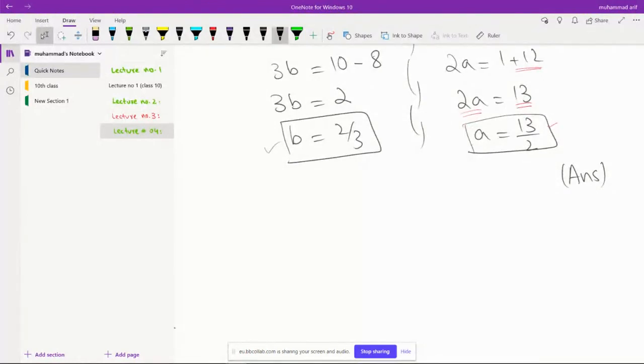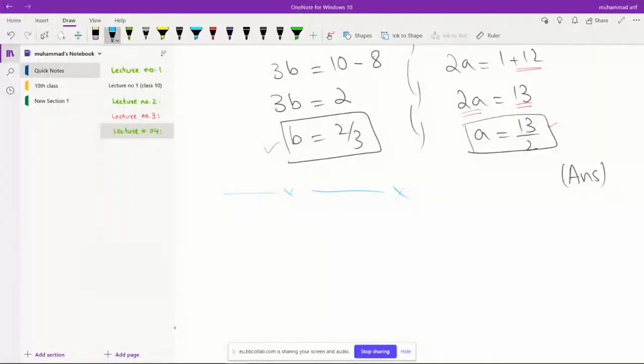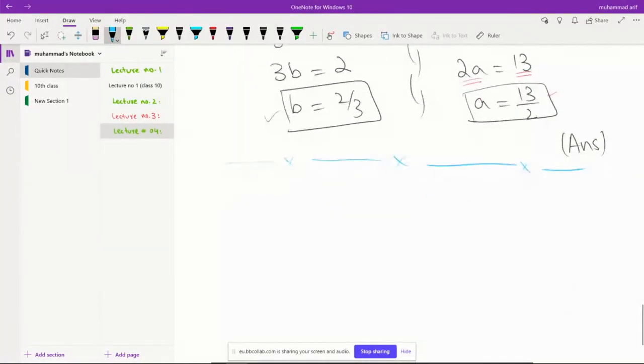Here we define some matrices. First definition is symmetric matrix. It's very important.